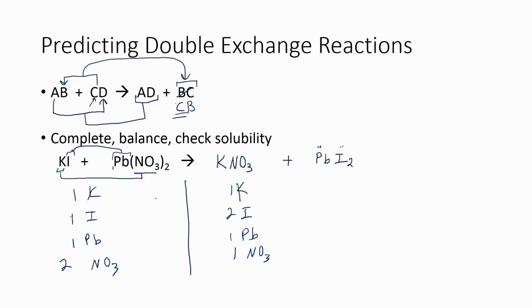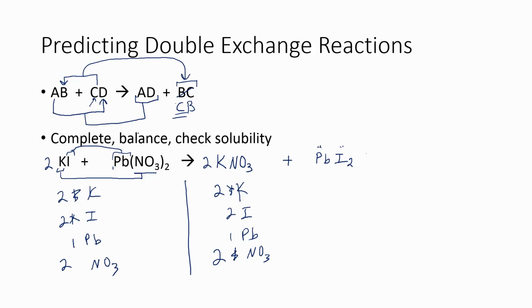First thing we have to do is get more iodide. So now we have 2 of those, but we also have 2 of the potassiums. That means we're going to need 2 of these, so 2 potassiums and 2 nitrates. Now we have 2 and 2, 2 and 2, 1 and 1, 2 and 2, balanced.